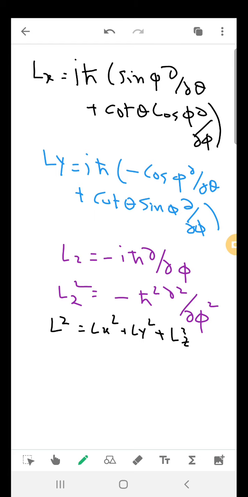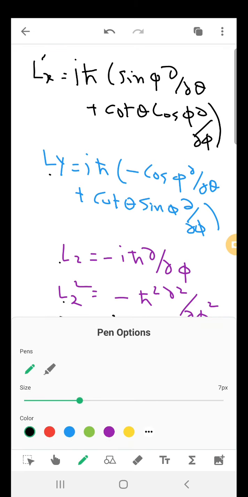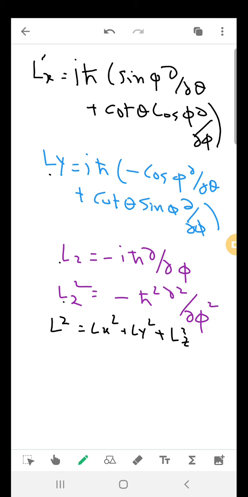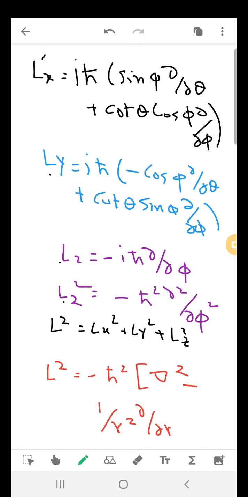So if we take the squares of Lx, Ly and Lz and add them up, ultimately we get L squared equal to minus h cross squared times [del squared minus 1 by r squared del by del r of r squared del by del r].